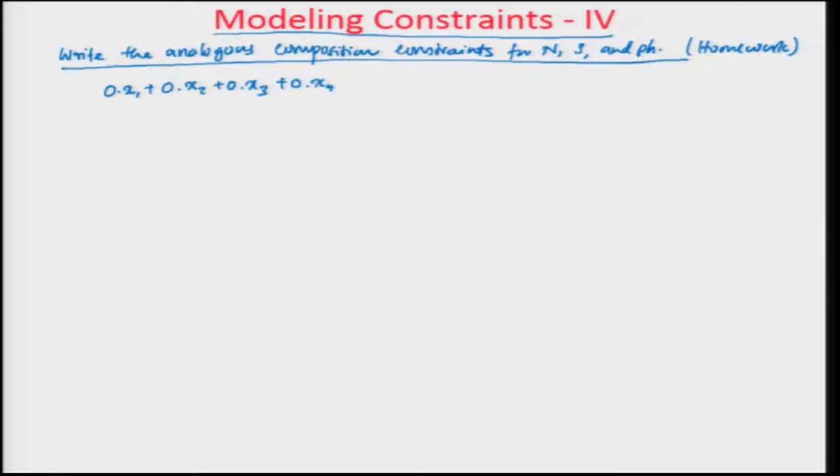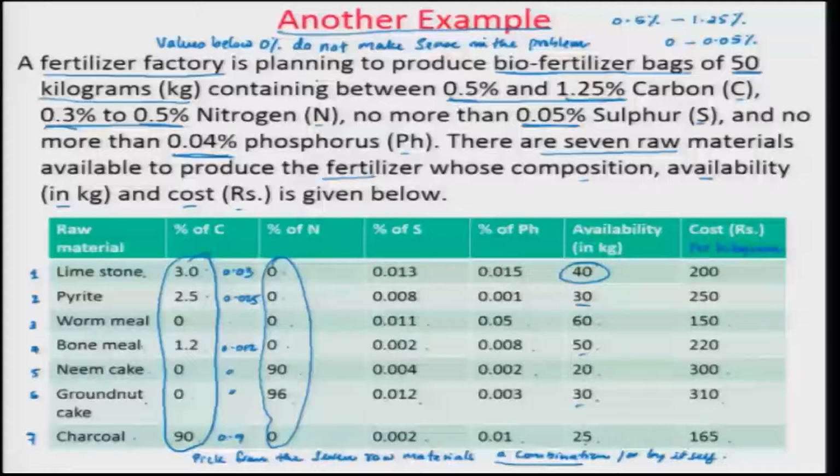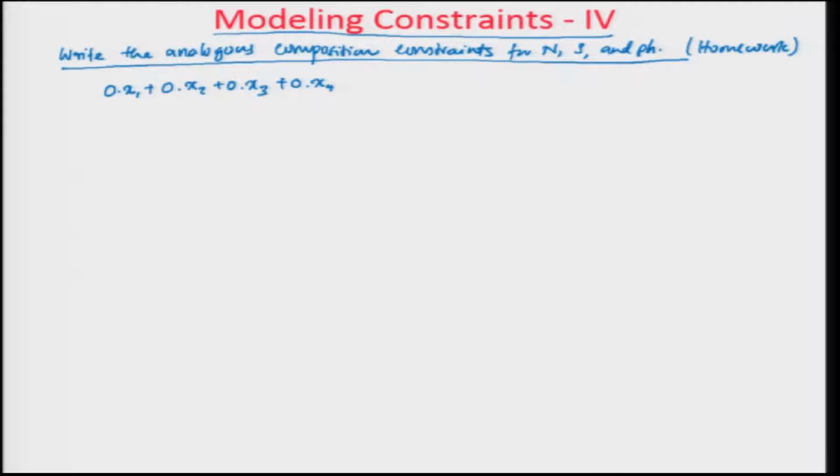The first 4 are zeros, then you have a 90, 96 and a 0. Since we are talking in percentages, it is plus 0.9 times x5 plus 0.96 times x6 plus 0 times x7.